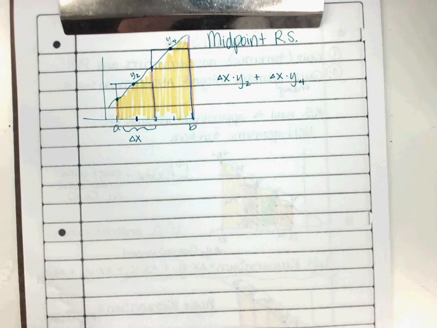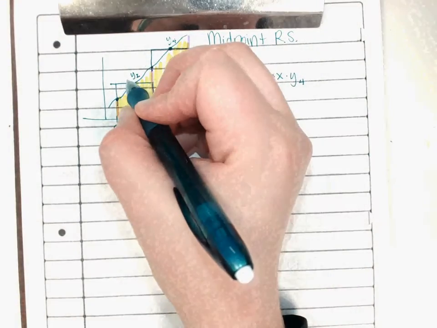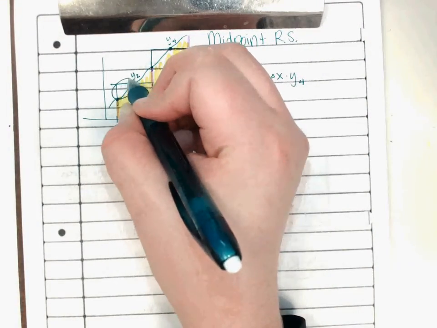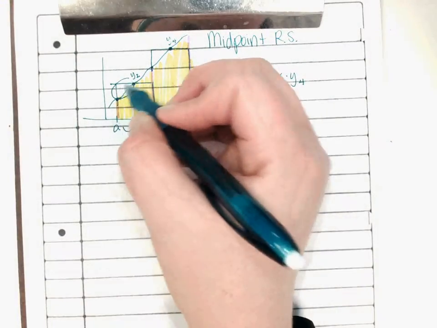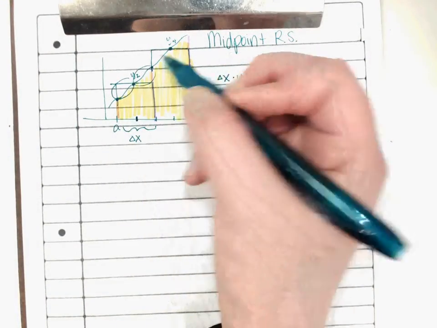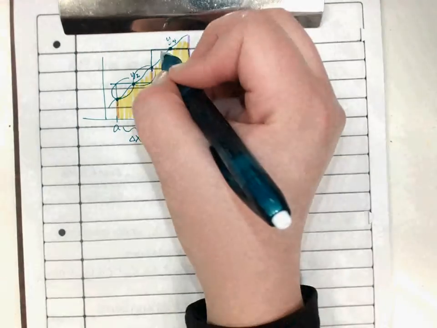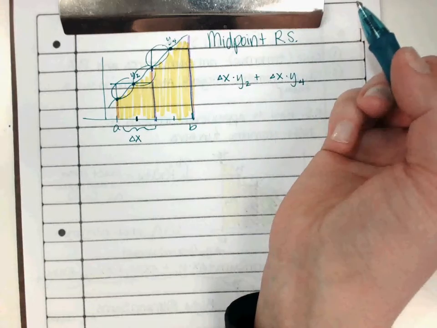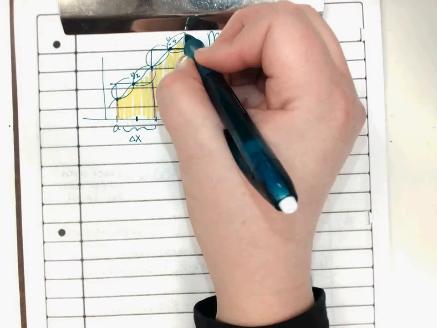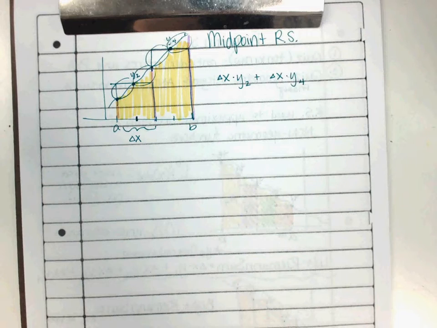Now, one other thing to point out for the estimation side of it. Where is this chunk? Too much or not enough? My rectangle's too much, but then what's this? They kind of cancel out, right? Then over here I have a little bit too much, but over here I have not enough, so those errors typically cancel each other out, making this the most accurate of the three.